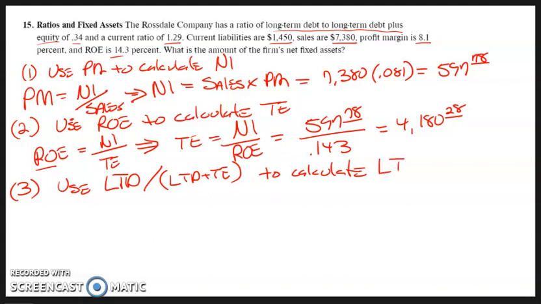We know that our ratio is 0.34, so 0.34 is equal to LTD divided by LTD plus total equity. We can multiply both sides of the equation by LTD plus total equity.